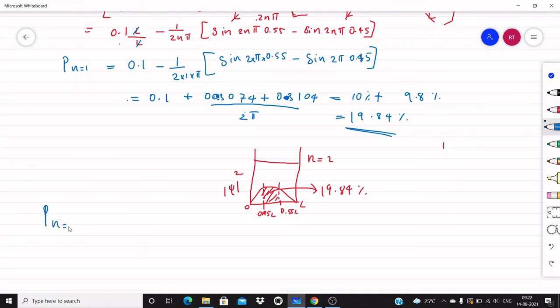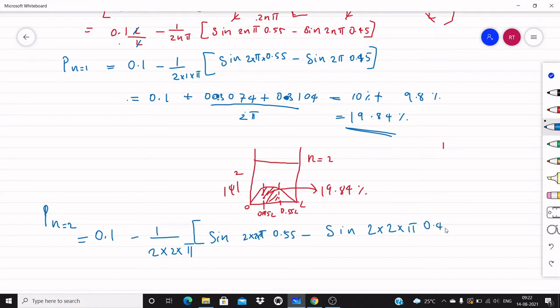Our equation will be first term minus 1 by 2 into 2 pi, then sine 2 into 2 into pi into 0.55, because 2 n pi it is, minus sine 2 into 2 into pi, 0.45.